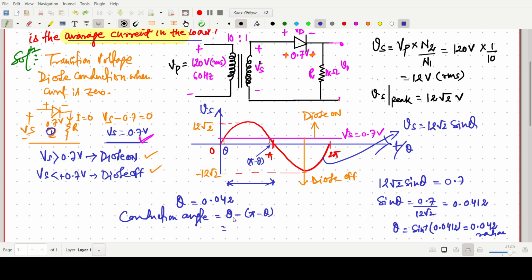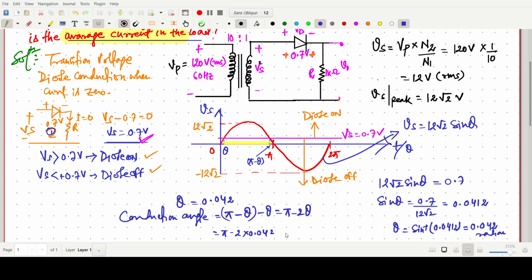Once again, first I have to show in this graph that the conduction angle is only this portion. So the total conduction angle will be this distance minus this. So you have to write pi minus theta minus theta, so it should be pi minus 2 theta. So the conduction angle will be pi minus 2 into 0.042.